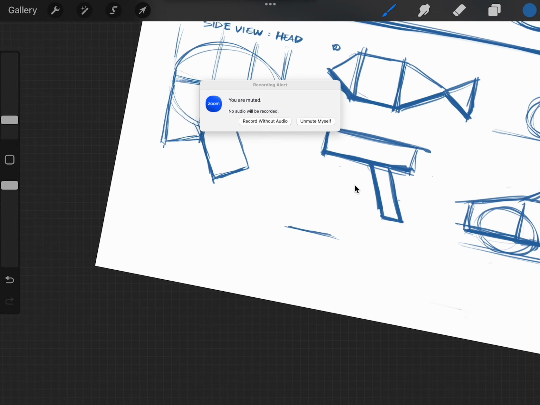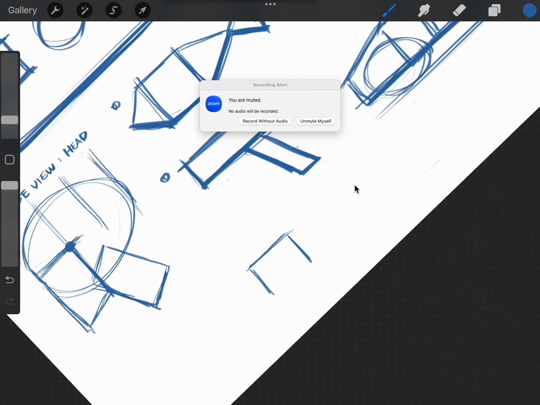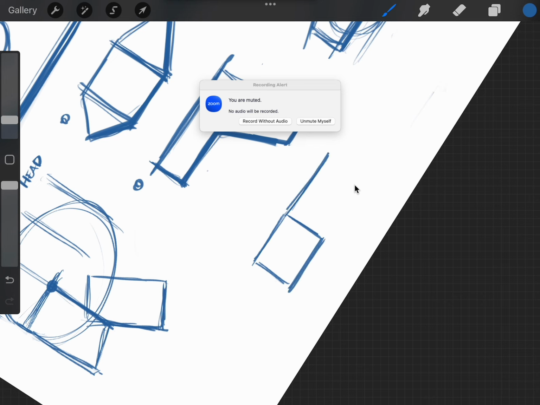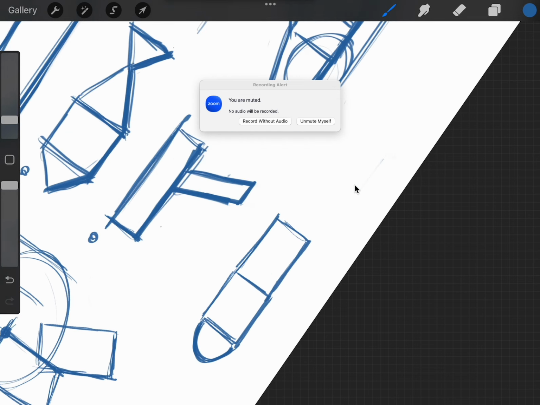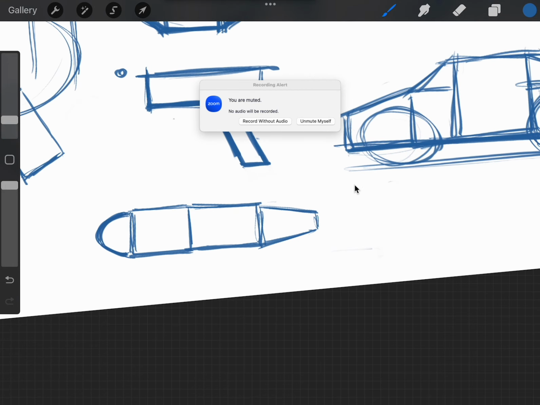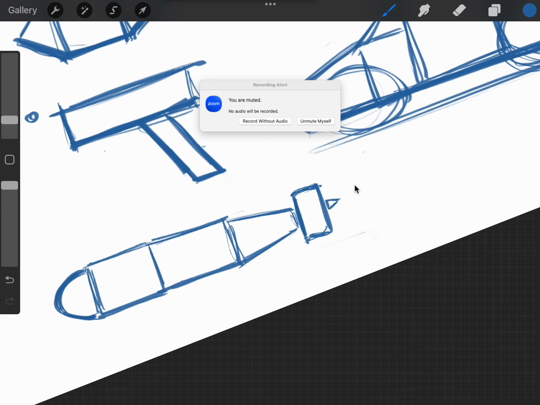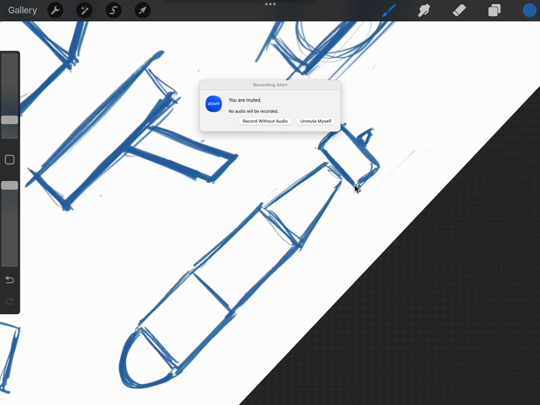So our torpedo is nothing more than a few rectangles attached with one side like a half circle, and then the other side a trapezoid, and then another rectangle, and maybe a triangle in the back, because that's kind of the tail of the torpedo.